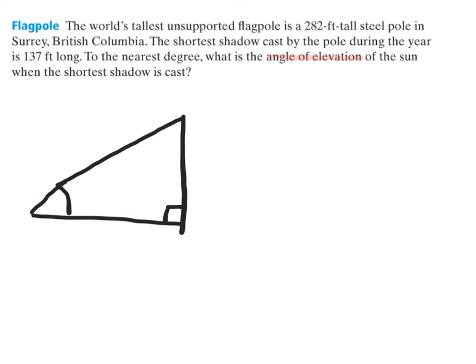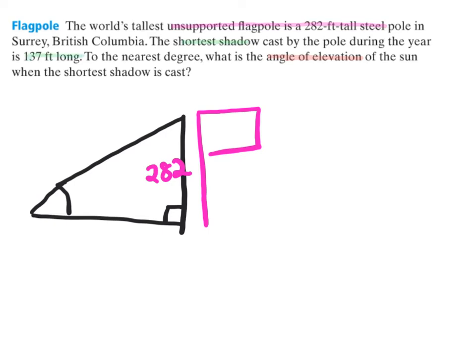Now, if I continue to draw based on what's given in the problem, it says that it's an unsupported flagpole that is 282 feet tall. So if I draw my flagpole, the height is 282. And then it says that the shadow of this flagpole is 137 feet long.